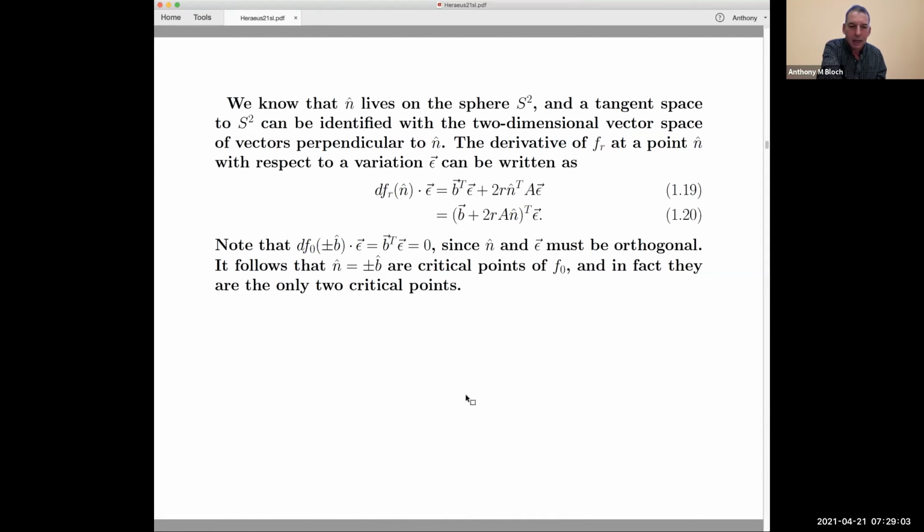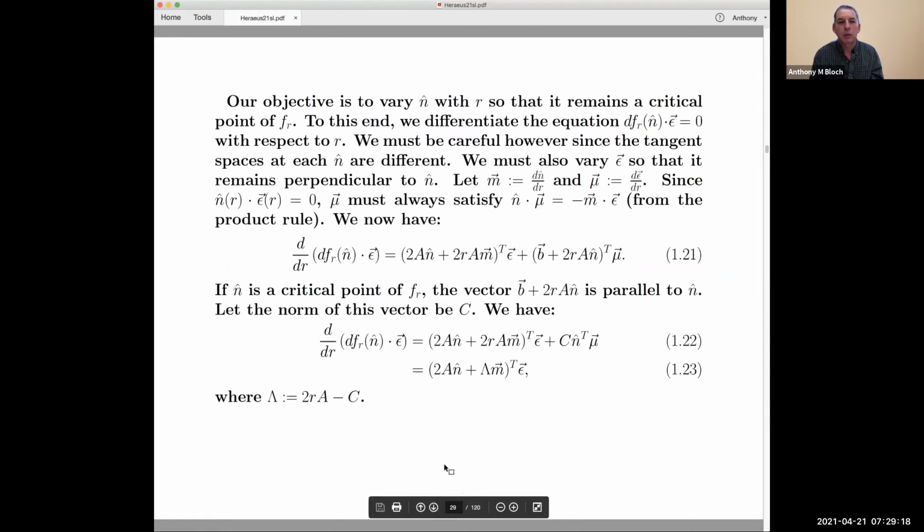You get a nice expression for the critical points. Again, at the origin, n hat is equal to plus minus b, and these are the only two critical points. But we want to analyze this as we move outwards.